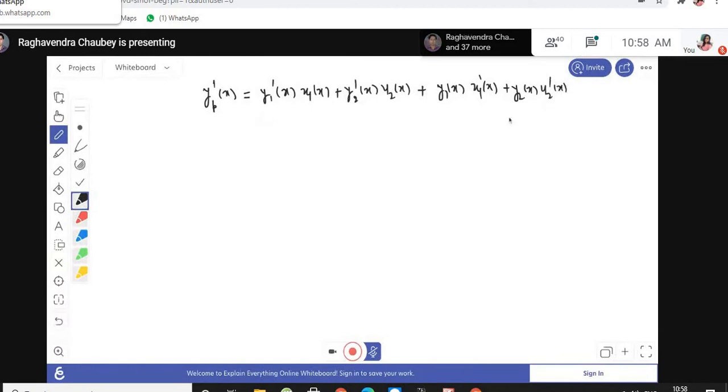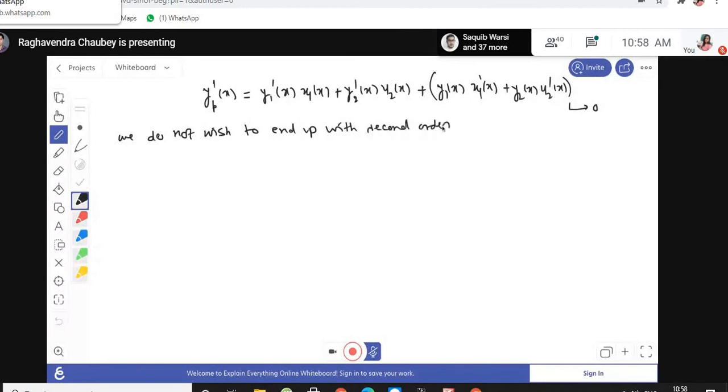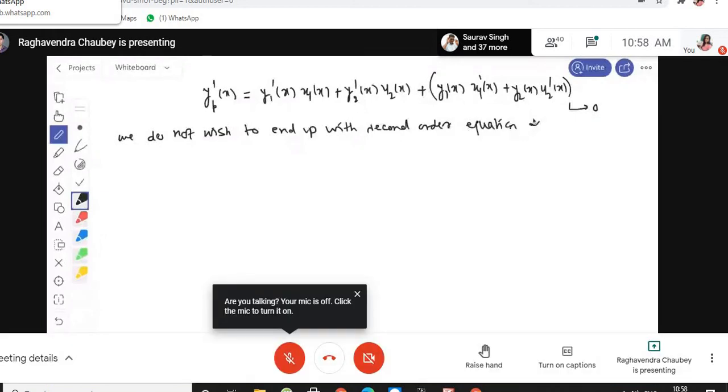In these two terms, u1 prime and u2 prime are the first derivatives of u1 and u2. So we take this term as 0 because we do not wish to end up with a second order derivative equation for u1 and u2.